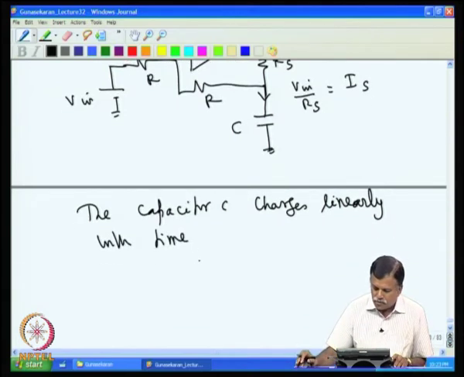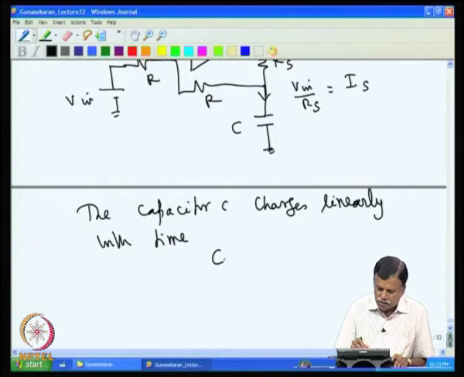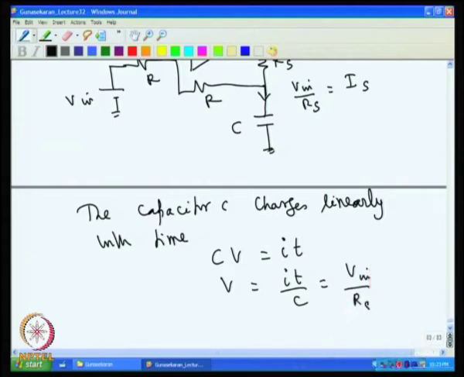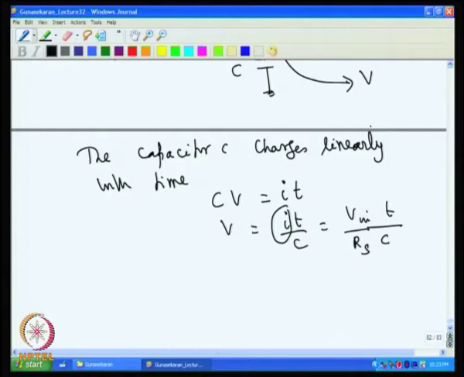That means if you look at the capacitor voltage and write the basic equation CV equal to I into T, then the voltage on the capacitor is given by I into T by C. That I can be replaced by V in by Rs, and then T by C. So obviously the voltage at this point, V, is proportional to V in.